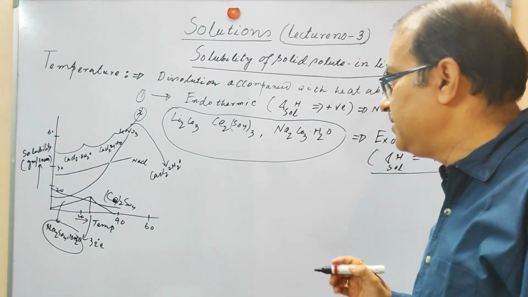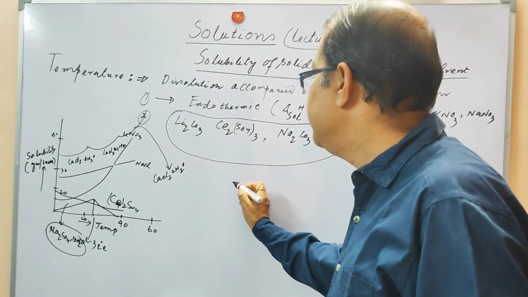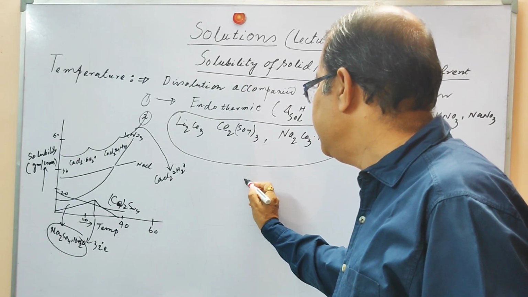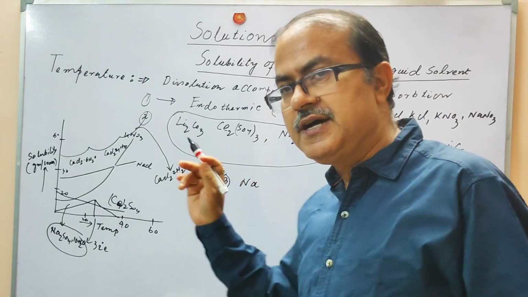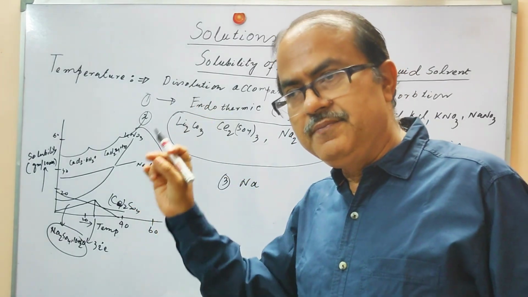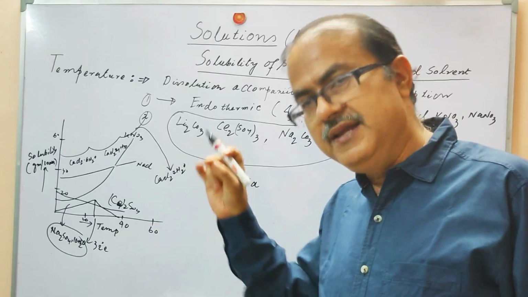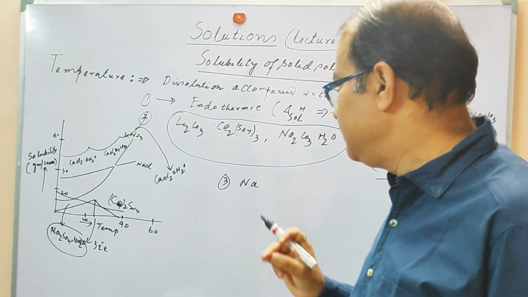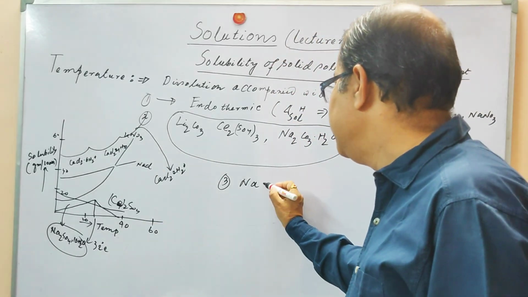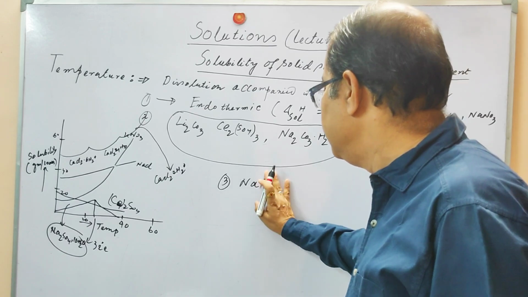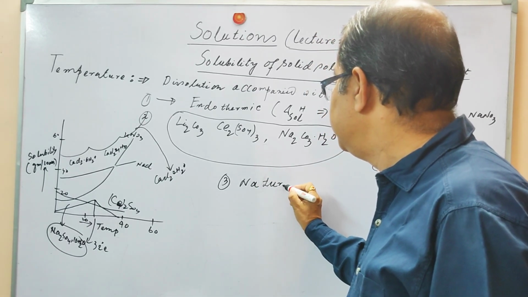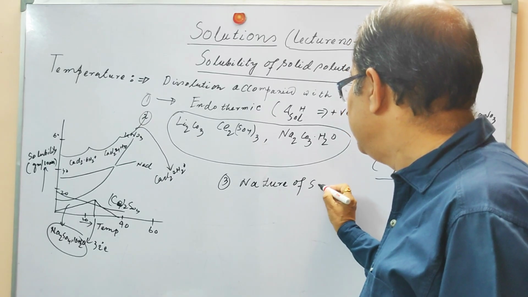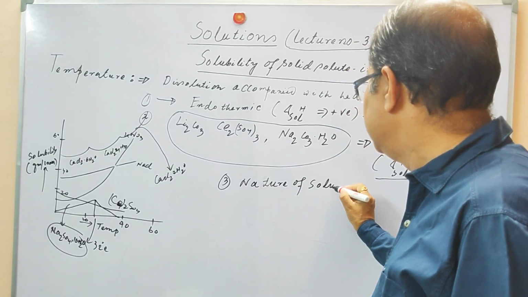Another important thing we will discuss is the nature of the solute and solvent. The first point we discussed was lattice enthalpy and hydration enthalpy, the second point was temperature, and the third point is the nature of solute and solvent.